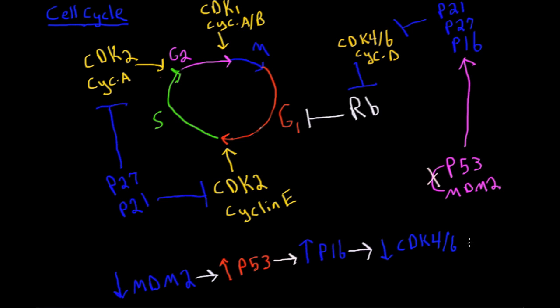That decrease of CDK4/6 is actually going to result in an increase of the retinoblastoma protein. Now, the increase of the retinoblastoma protein means that we have increased inhibition overall, and increased inhibition overall means decreased passage through the cell cycle.